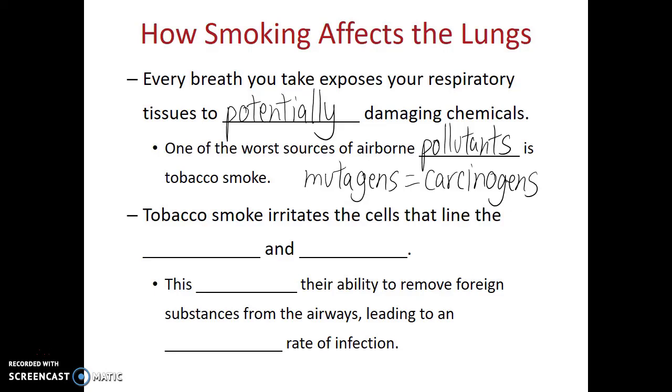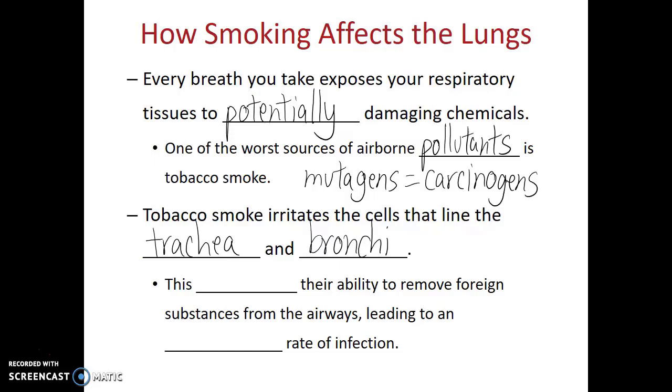Now, if that was the only negative impact that smoking had on our lungs, it would still be reason enough to avoid exposing our lungs to those materials. However, smoke itself also irritates the cells that line the trachea and bronchi. And here we're talking about any types of smoke, whether it's marijuana, whether it's tobacco, whether it's even excessive campfires or building fires.